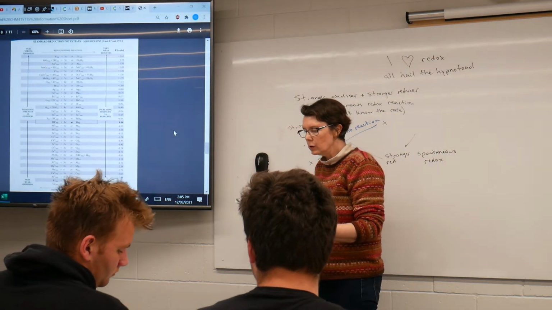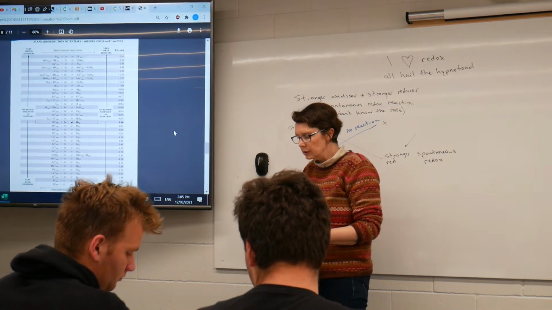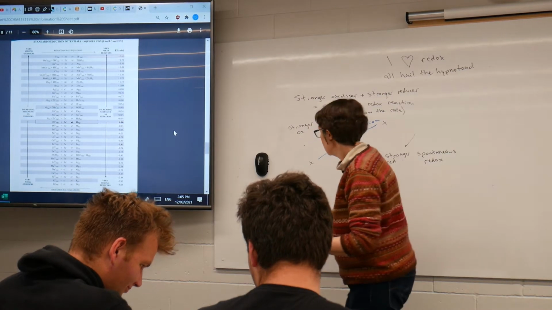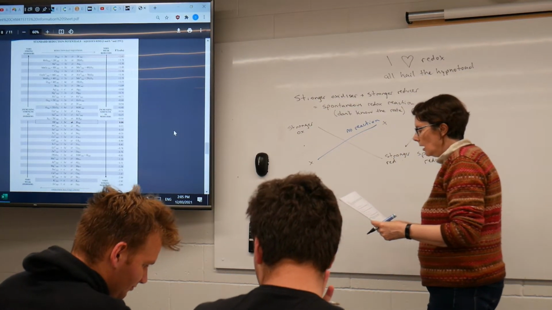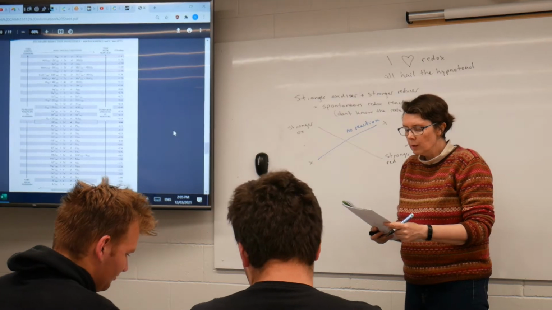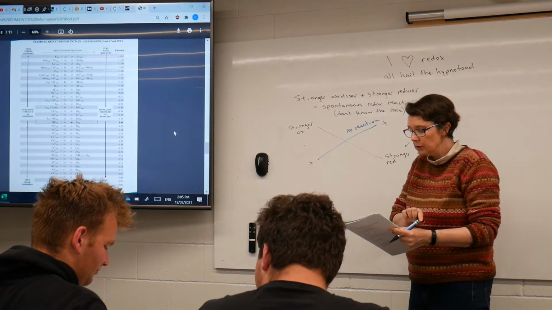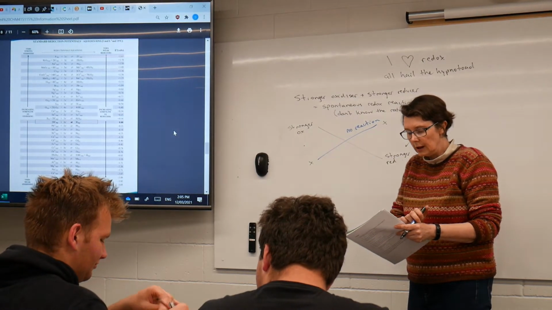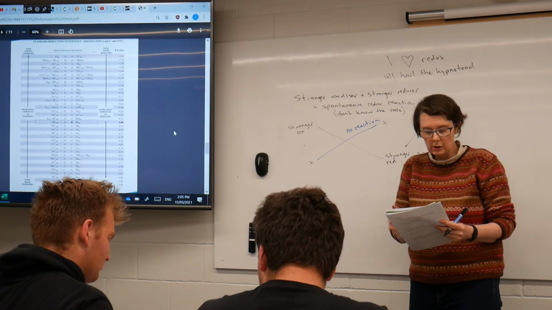a piece of copper is placed in a solution of silver nitrate. A layer of silver crystals form on the copper surface, and after a while the solution turns blue, indicating the presence of copper 2+ ions.